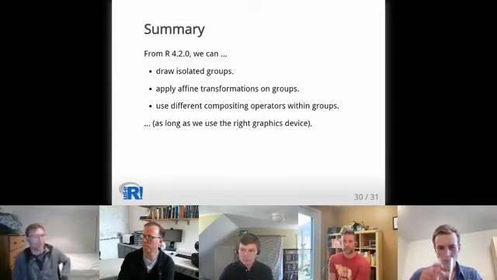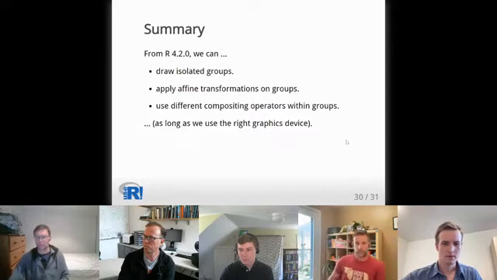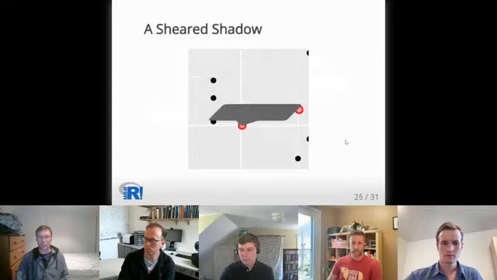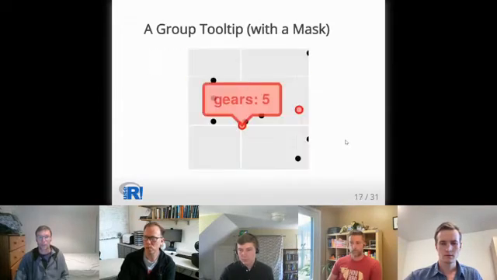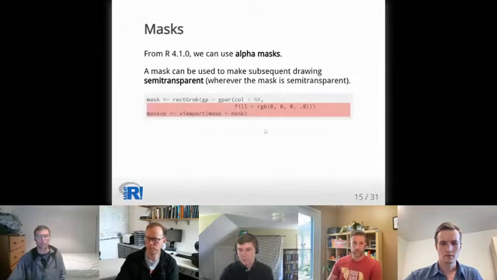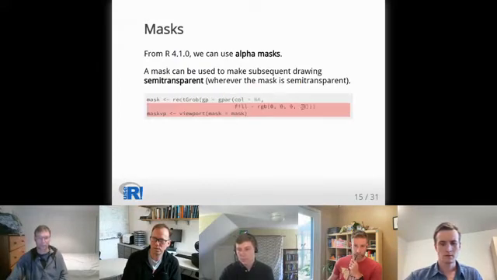Hadley asks whether the color of the mask matters, or is it just the alpha channel? And the answer is it's just the alpha channel. The mask was defined as a rectangle that is filled with a semi-transparent black, and all that's being listened to is the alpha channel.